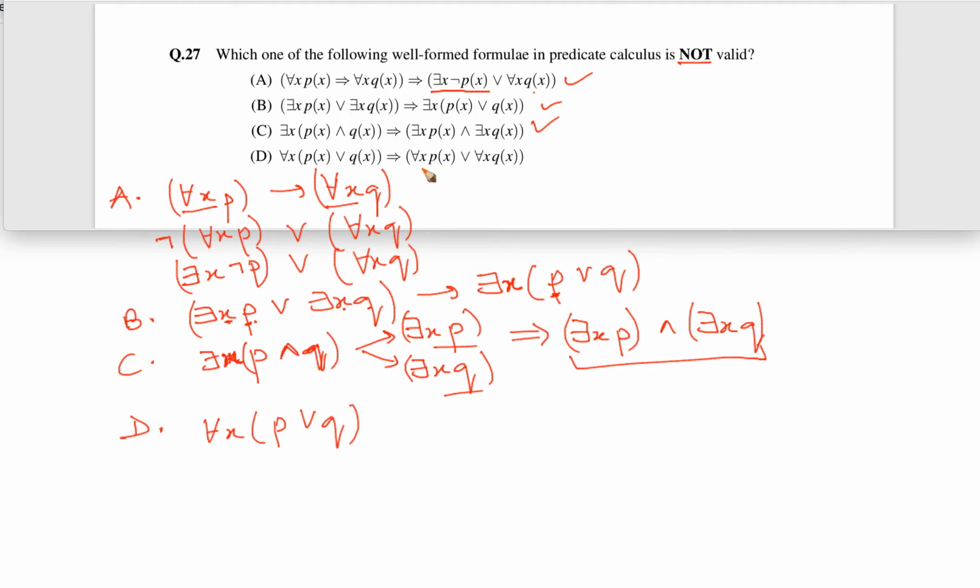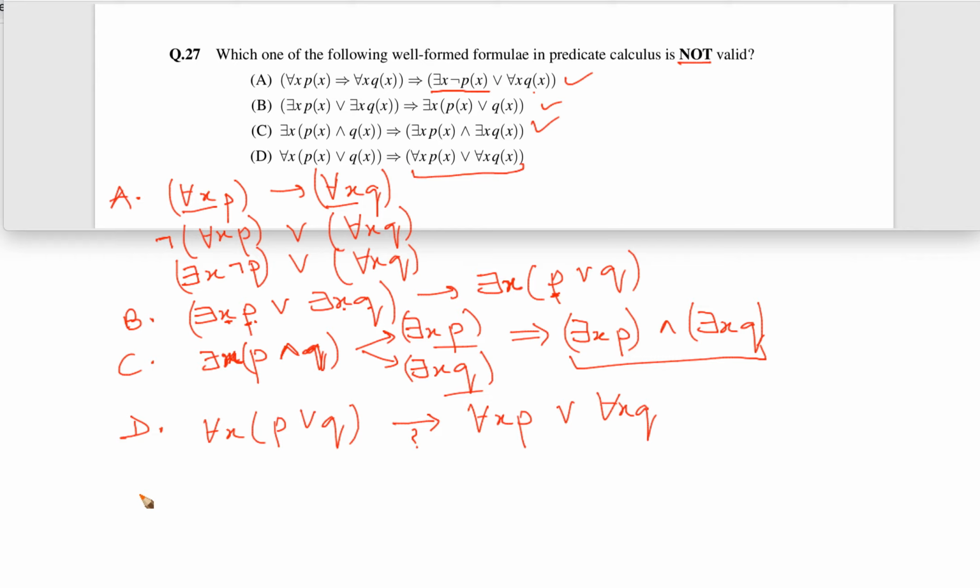Then can we say that it implies for all x p or for all x q? We don't know this, you have to find out. Now it turns out it is not the case. I'll give you an example for that.